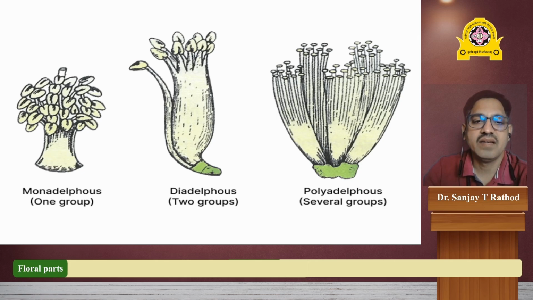You can see again very clearly here. Monadelphous means stamens are united, filaments are united in a single bundle. In case of diadelphous, two groups are there, nine are fused and one will remain free. But in case of polyadelphous, several groups you may find.